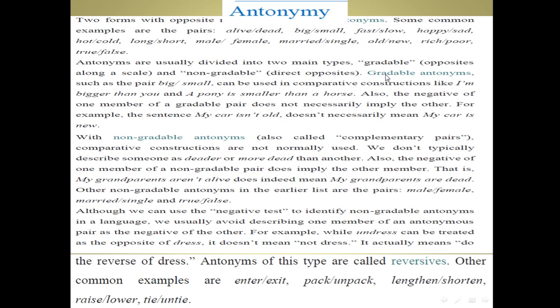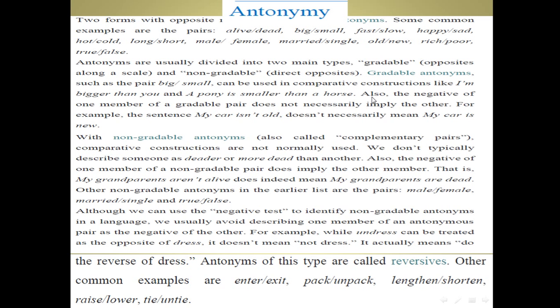Let's start with gradable antonyms, such as the pair big and small. They can be used in comparative constructions like "I am bigger than you" and "a pony is smaller than a horse."